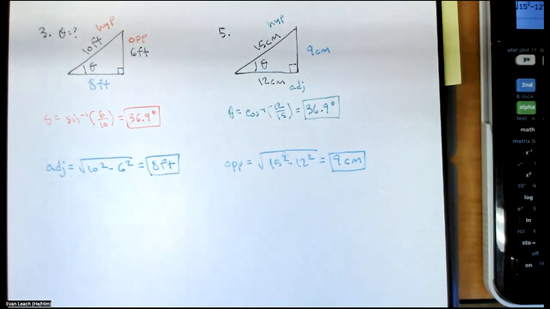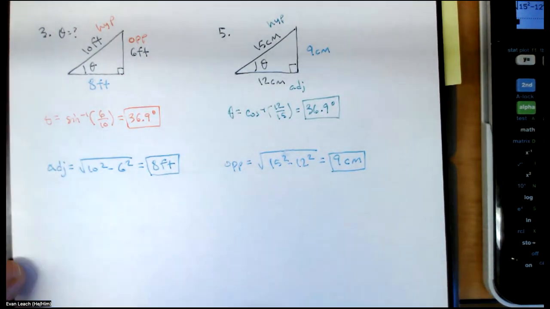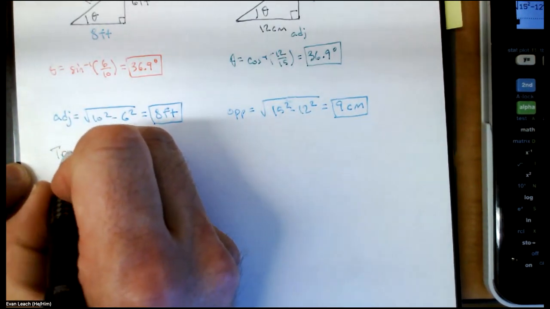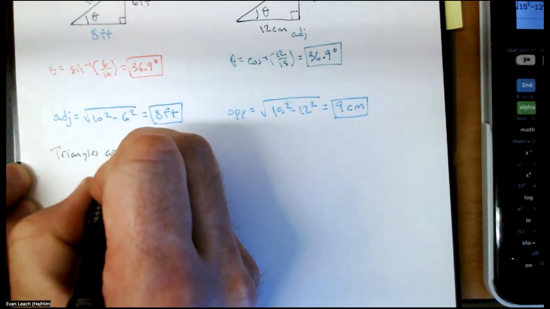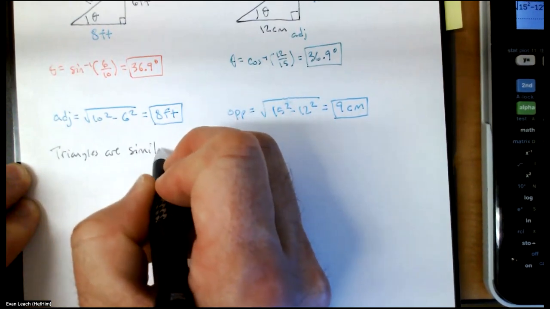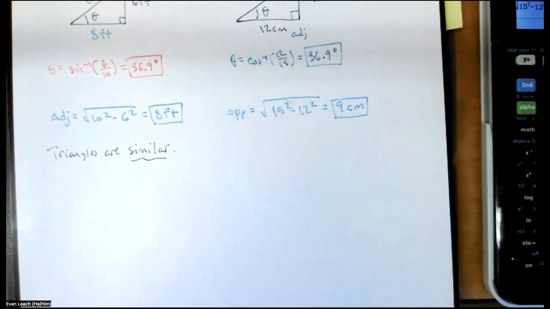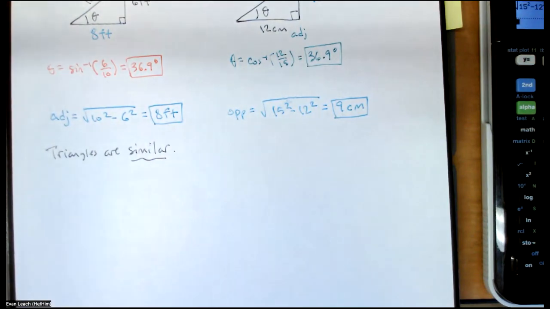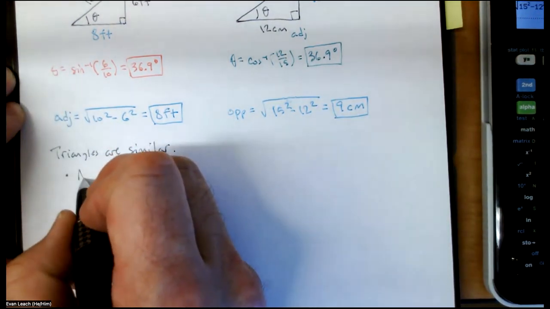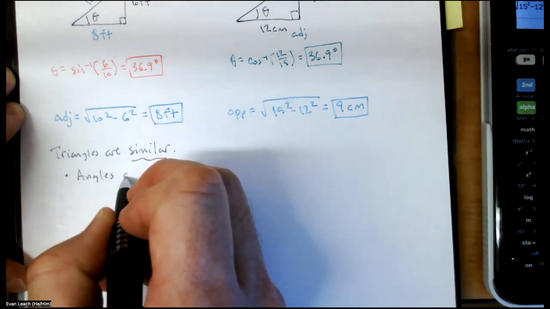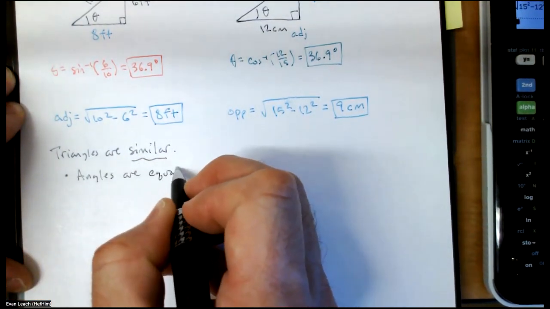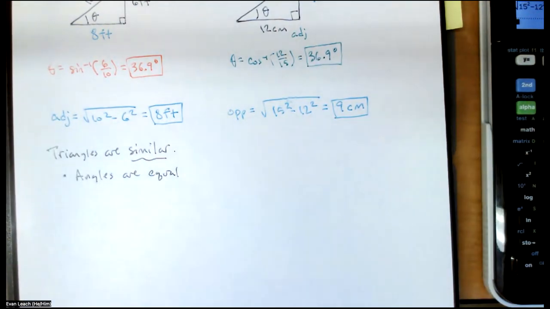The ratio of the sides in similar triangles will always be the same. These triangles are similar. Similar triangles have all the same angles, and the sides are all in the same ratio.